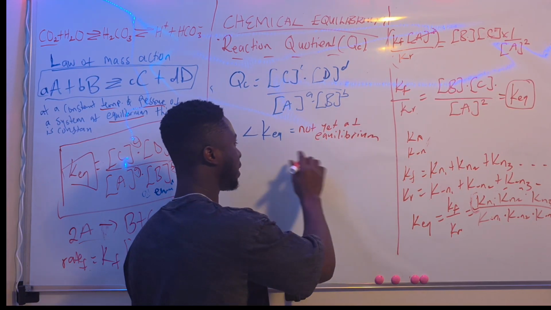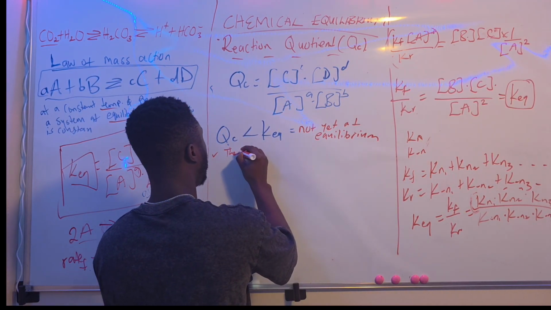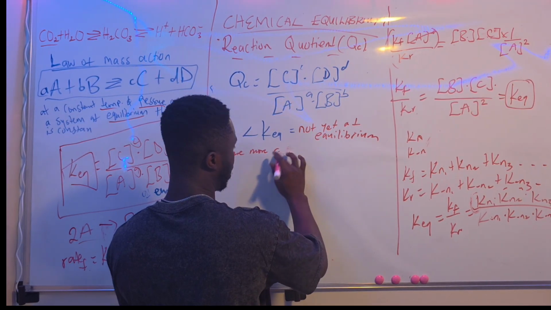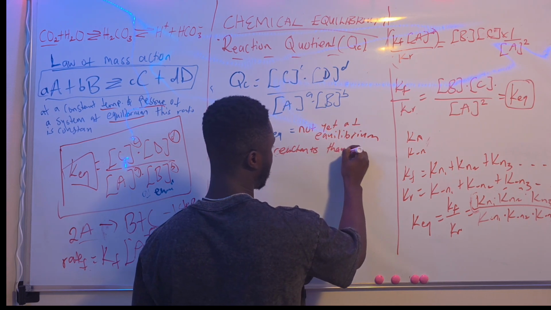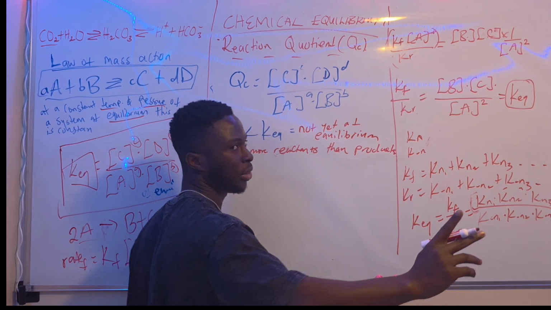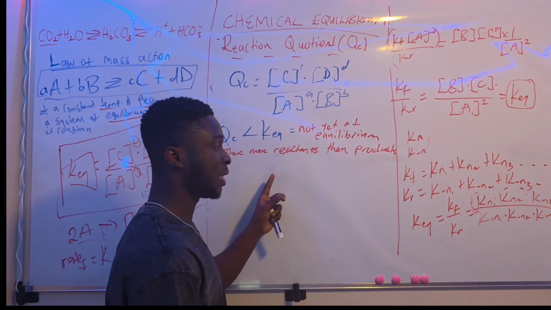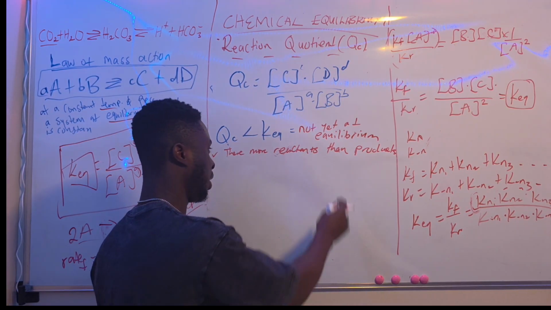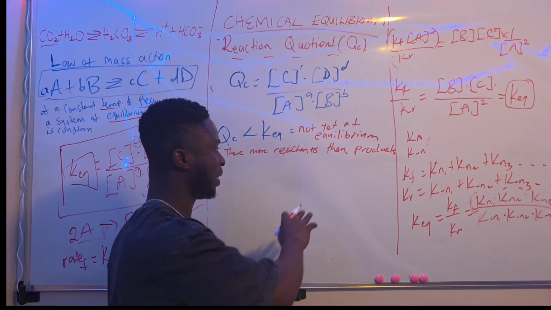And if it is not yet at equilibrium, there are a few things that happen. There are more reactants than products. Whether it's the concentration of the reactants or the pressure of the reactants, there is more quantity, whatever quantity you measure the reactants in, than the products.